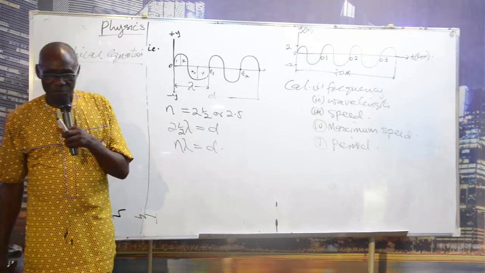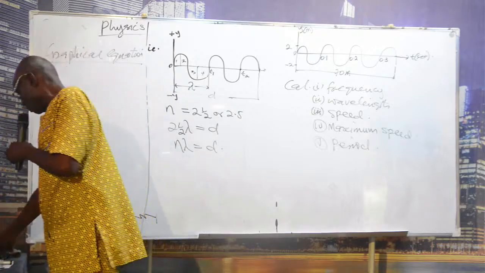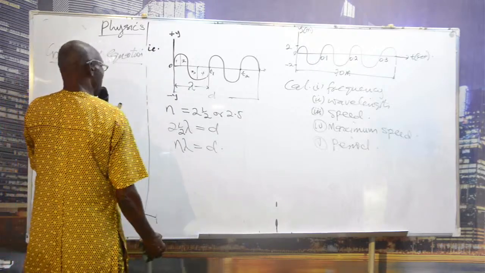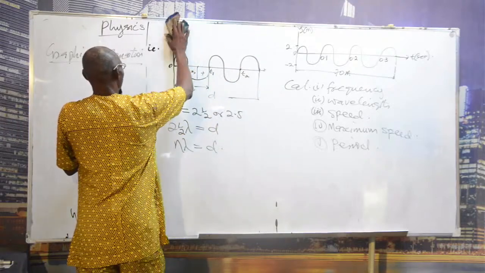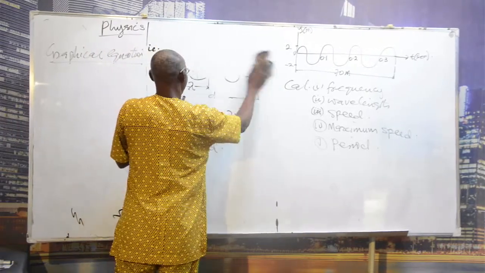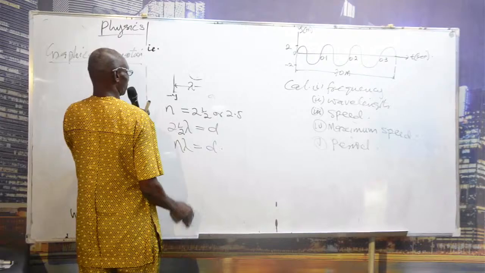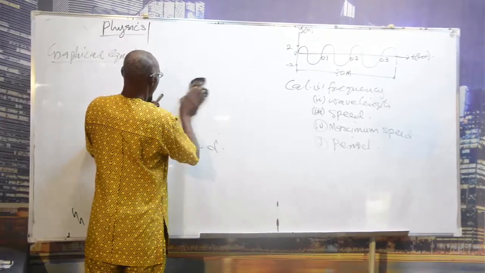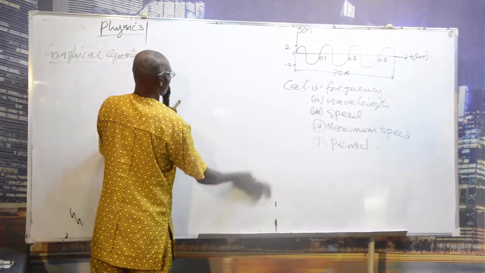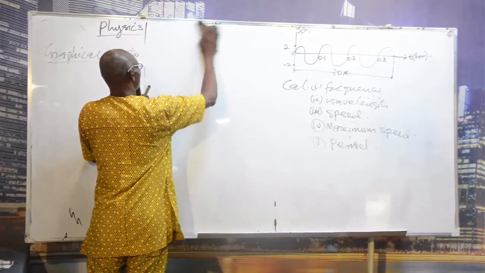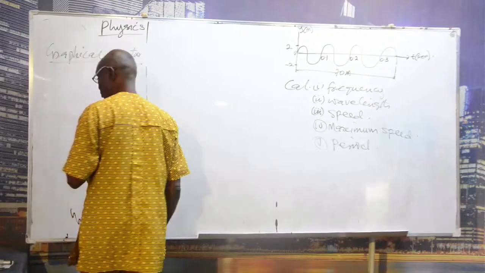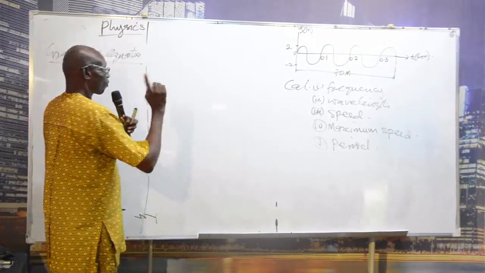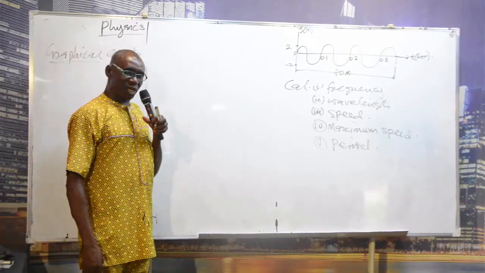Okay. Now, stop writing. Let us now look at the questions. I believe you are through with this. Let us now work together. I'll keep asking questions as we move on, so that you move along with me. Read the question for me.